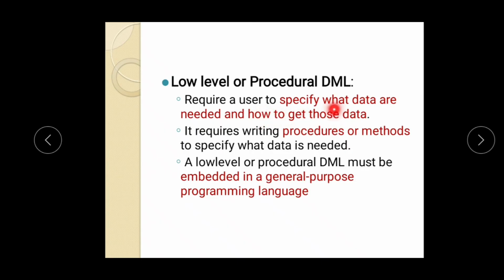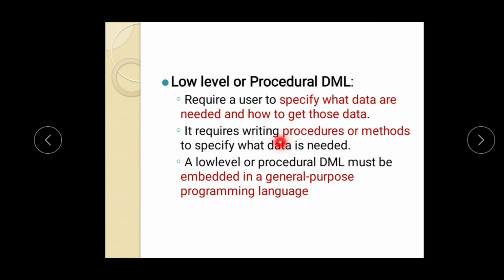For example, I want the details of the student who scored the highest mark in series 1. That is the data I need. And how to get that data, where it is available and how we can retrieve it, must also be written in the code.